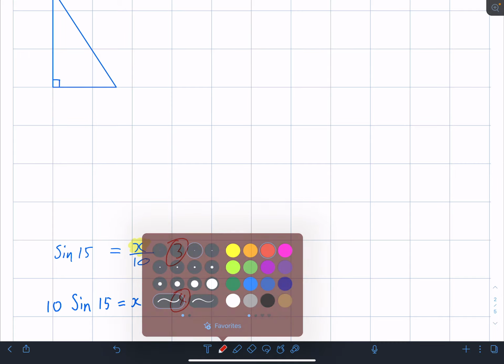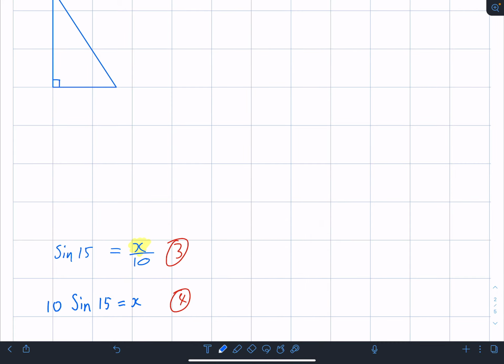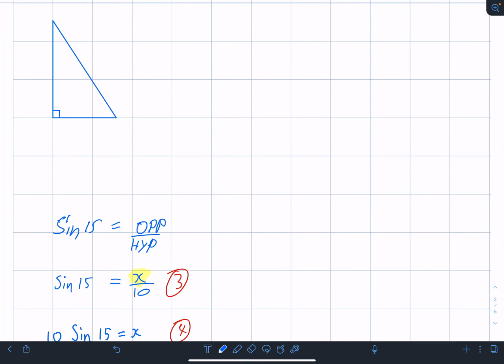For step 2, what we need to do is identify which is the opposite and which is the hypotenuse. So sine 15 equals OPP, opposite over HYP, hypotenuse. Then, step 2 is done.